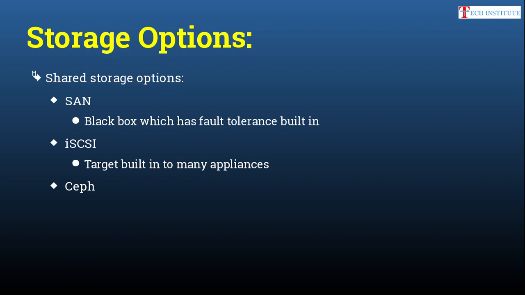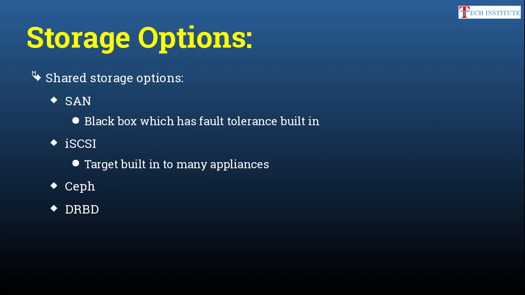And then you can go with Ceph, which is software-defined storage. You can even go with DRBD. DRBD is not actually shared storage. In DRBD you have standalone storage on each node, which is not shared, and DRBD takes care of replicating the data from one node to another, so that all the nodes have the same current data.